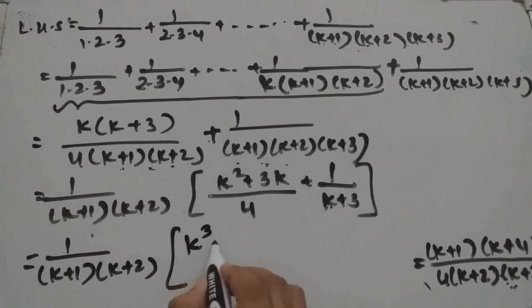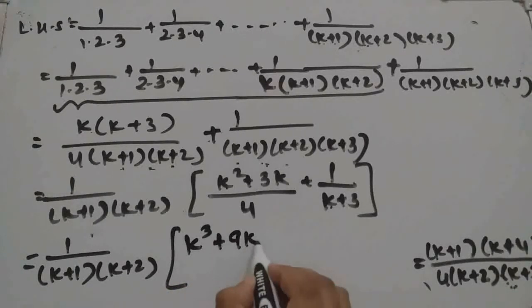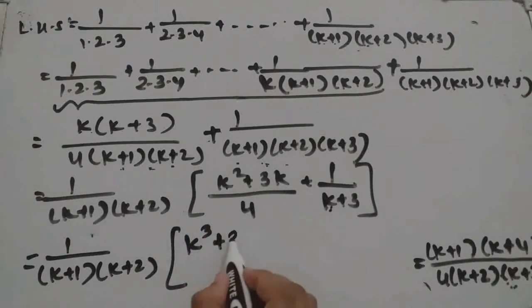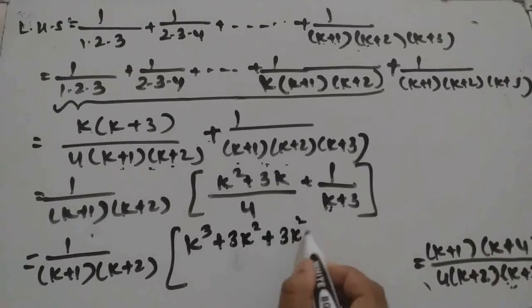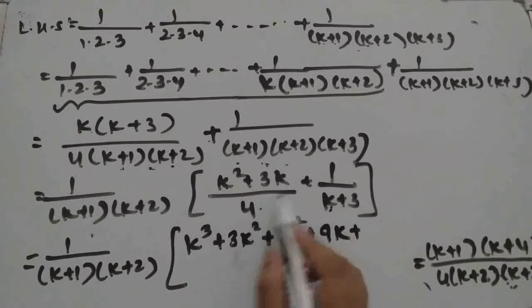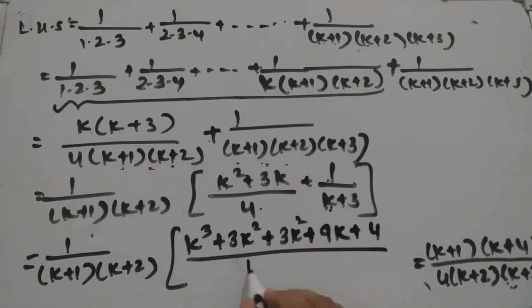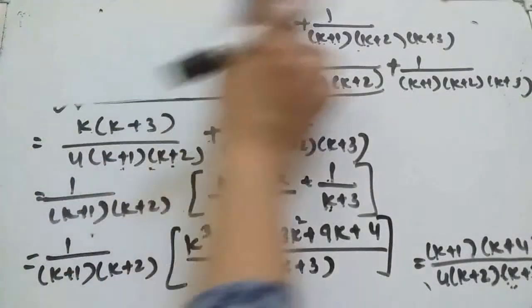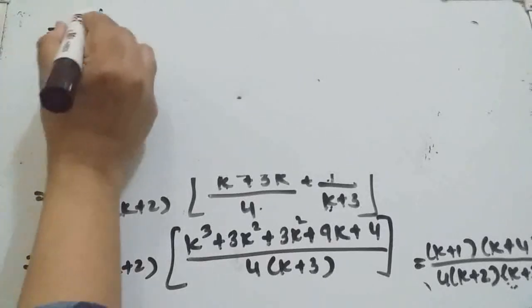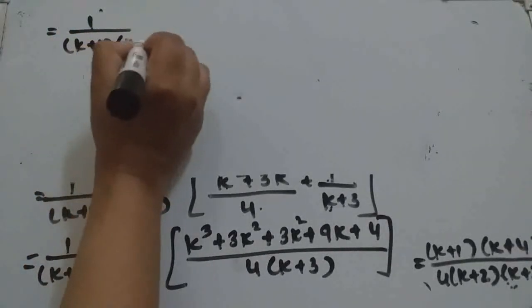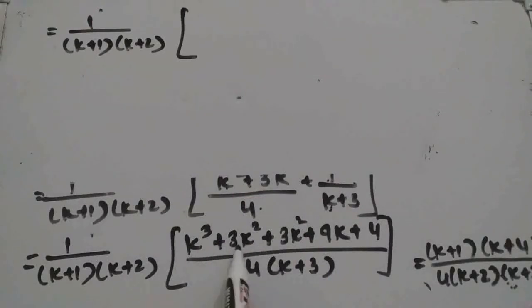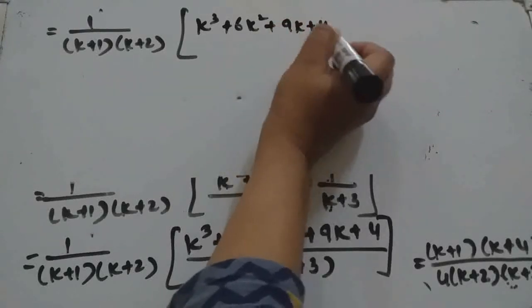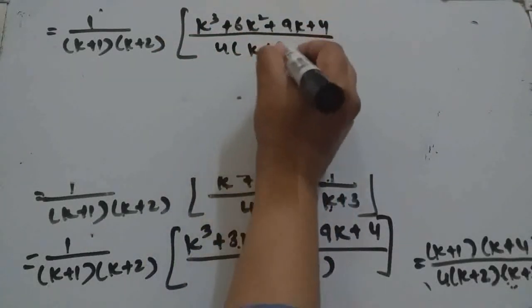So k cube plus 3k square, then 3k square plus 9k, plus 4. This 4 will go this side, divided by 4 into k plus 3. So now this will become 3 plus 3 is 6k square plus 9k plus 4 divided by 4 times k plus 3, a cubic polynomial.